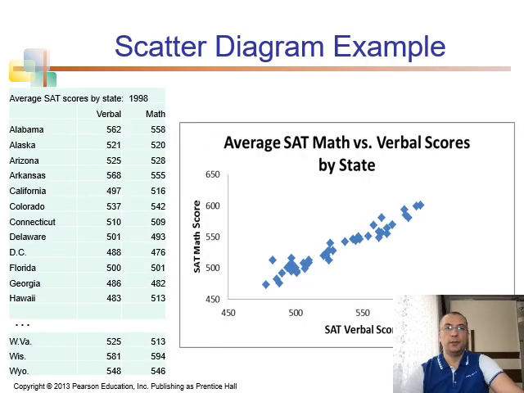For example, this is about SAT scores, the math and verbal scores by different states. You want to see a relationship between the verbal score and the math score, and what you see is almost a one-to-one relationship between these scores.